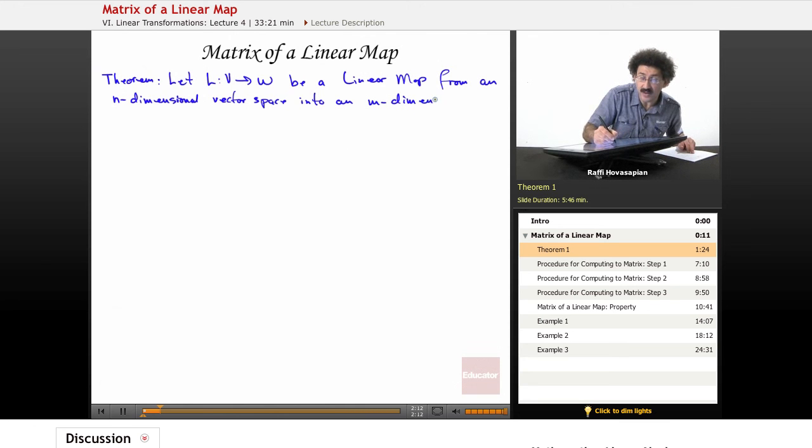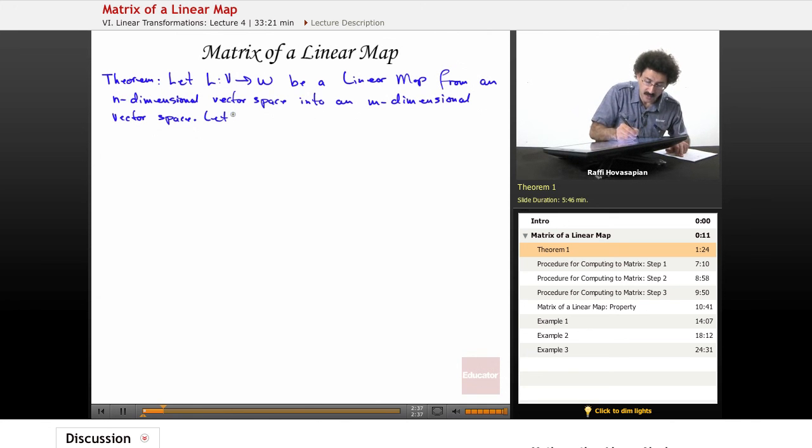And again, we're talking about finite dimensional vector spaces always. We're not talking about infinite dimensional vector spaces. There is a branch of mathematics that deals with that called functional analysis, but we're concerned with finite dimensional vector spaces.